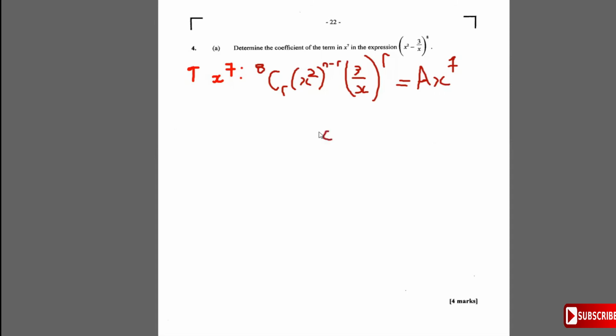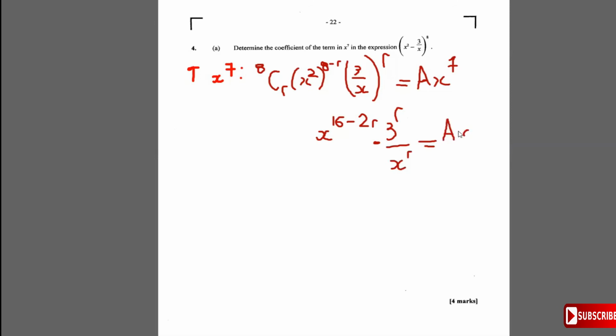So we have x squared to the n minus r. N is 8, by the way. So it's going to be x to the 2 times 8, which is 16. X to the 16 minus 2r times 3 to the r over x to the r. And this is equal to a times x to the 7.